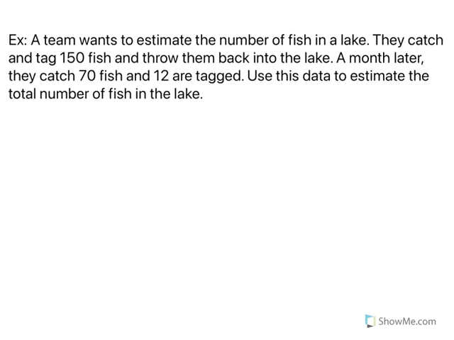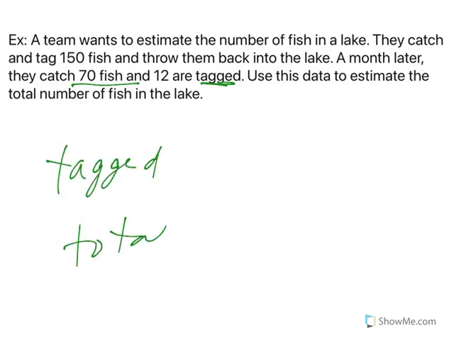Okay, so what are we looking at here? Well, we're talking about tagged fish and total, right? So we'll talk about tagged fish to total fish. I like that. That means tagged is in the numerator and all the totals will be in the bottom. So if we look at the first thing they tell us, they catch and tag 150 fish and throw them back.